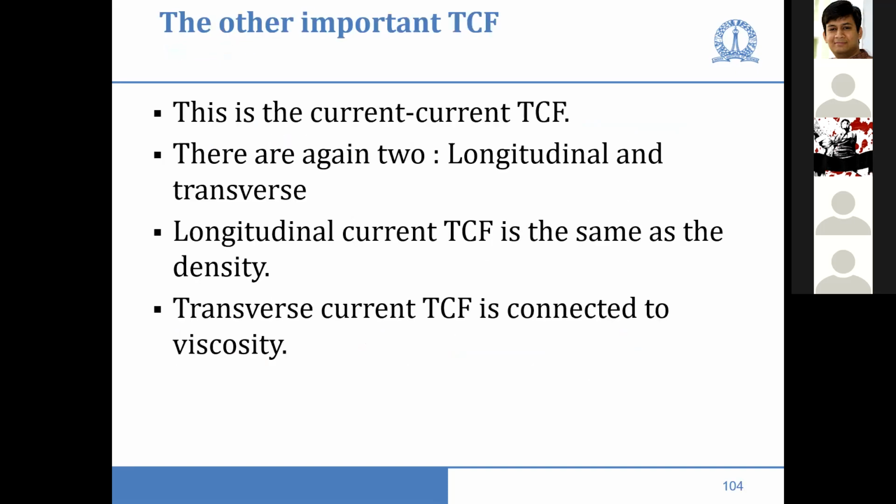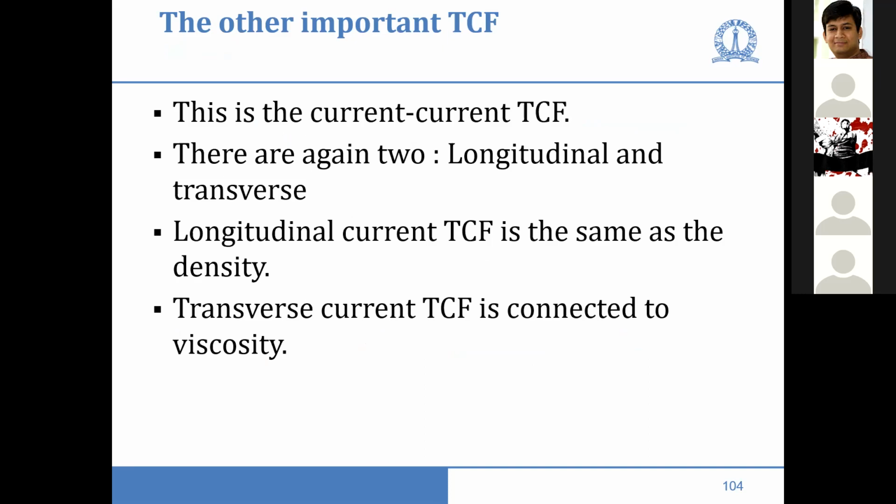Now, next important correlation is the current time correlation function. I'm not going into detail on that. There are two, longitudinal and transverse. Longitudinal is easy to understand because, if you do the conservation equation, the continuity equation, then dρ/dt equals minus grad dot G, where G is the momentum current, the momentum density.